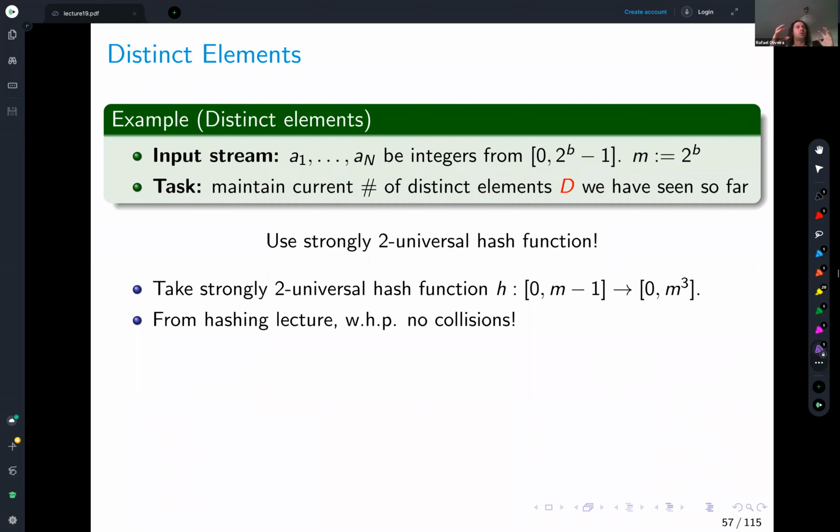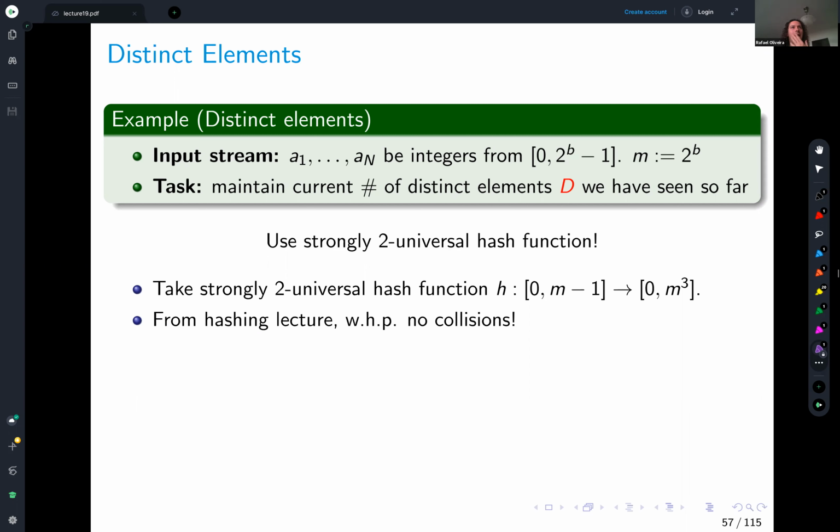The only thing we know is that the probability that two elements get mapped to the same hash is exactly 1 over m cubed. And we have m squared pairs, so with probability 1 minus 1 over m, when I pick a strongly 2-universal hash function, I have no collisions. So if we pick this cheap hash function, with high probability we're going to have no collisions.